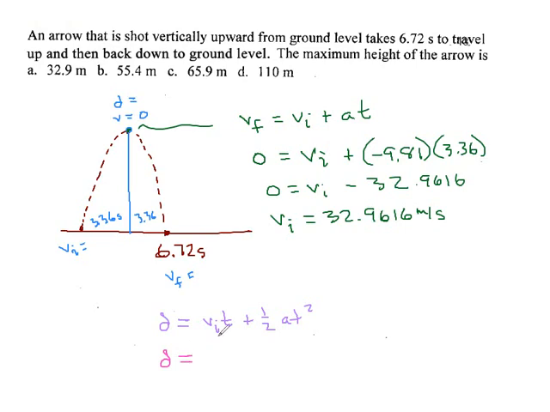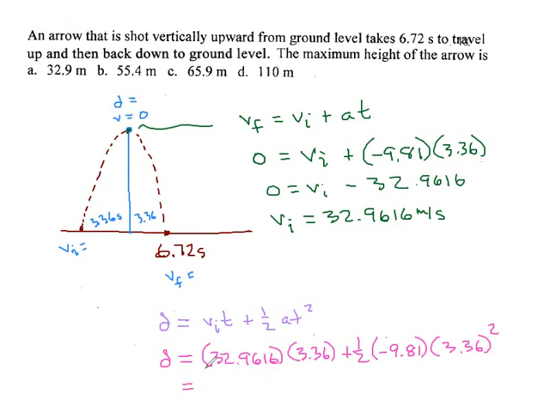I will run through this one using ViT plus 1/2 AT squared. Our displacement is going to be Vi is 32.9616, our elapsed time there is 3.36 seconds, plus 1/2 A is minus 9.81, and then 3.36, and don't forget to square it.